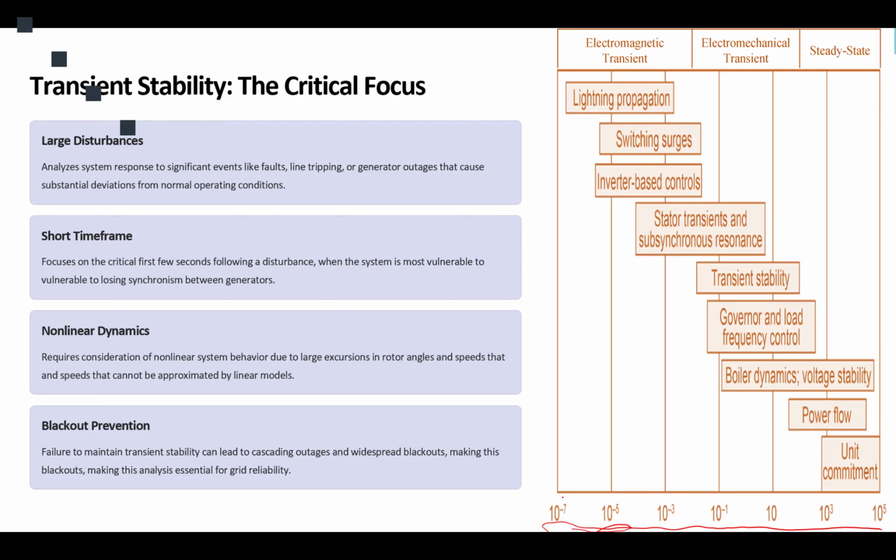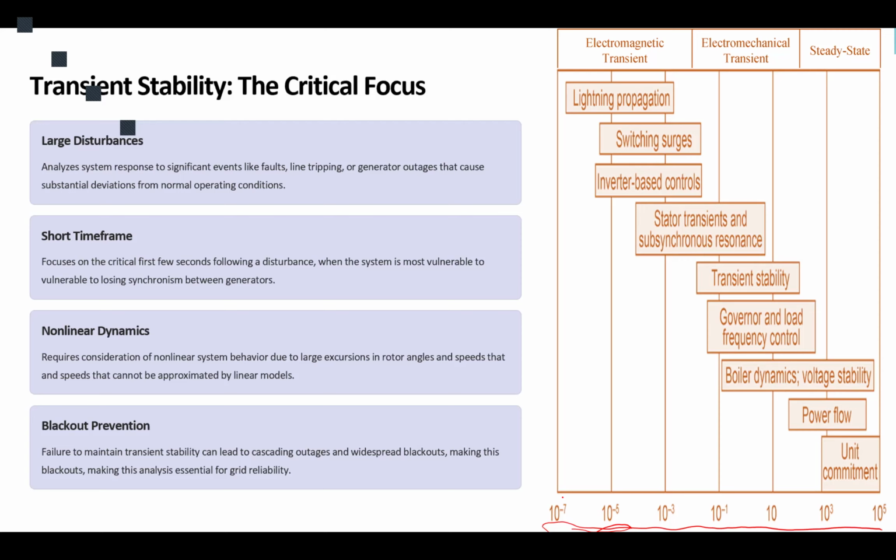Another parameter that we have to pay attention to is that all those disturbances that we talk about in transient stability, all of them happen in a short time frame. Why is that important? In the power flow analysis, the equation that we had was P and Q based on the RMS voltages, V_i, V_j.